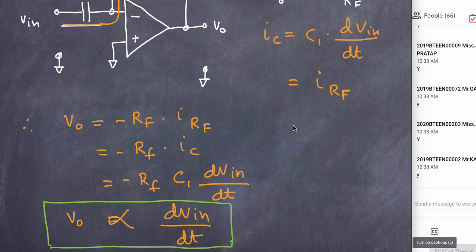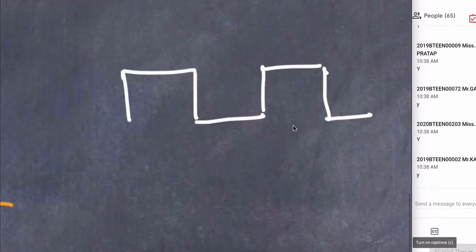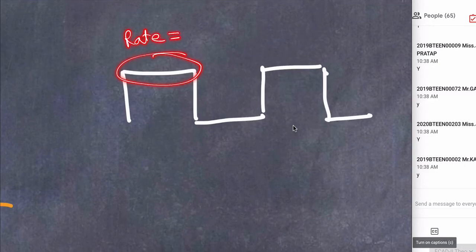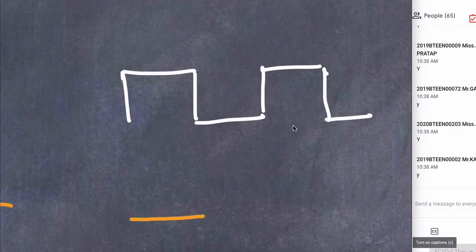So how can we draw that? Suppose we have a square wave. In this portion, what is the rate of change of input? It is 0 because it is not changing. So the output will be 0. Here the rate of change of input is large, positive, that is increasing. So the output will be more.